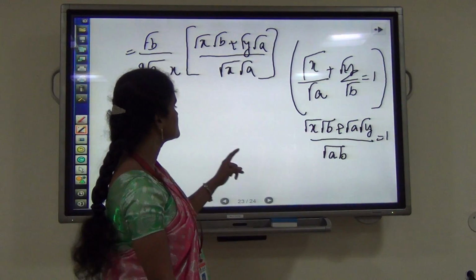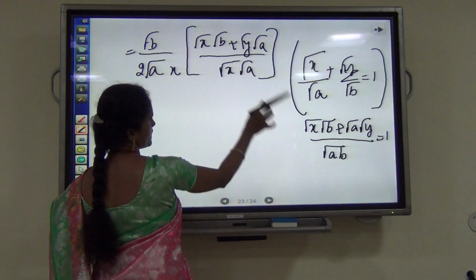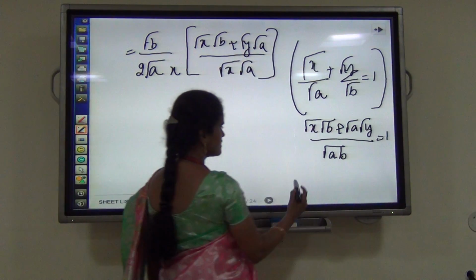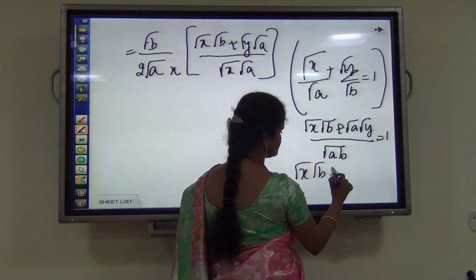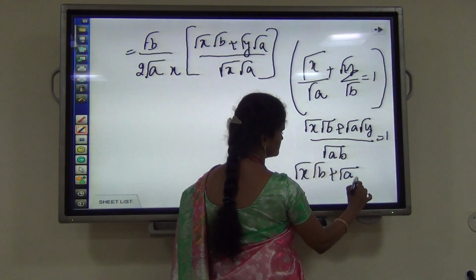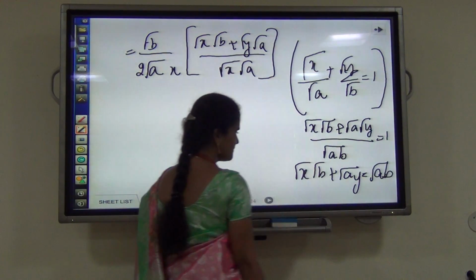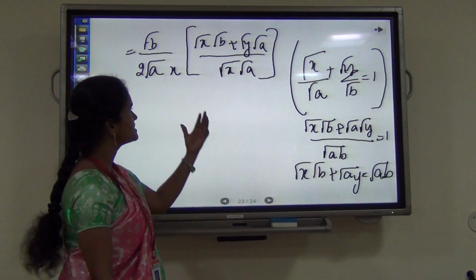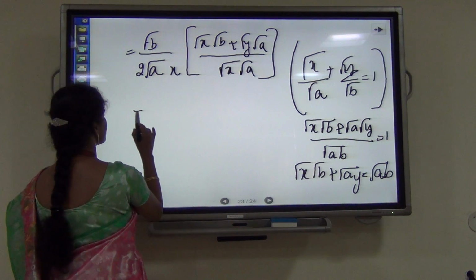As we cross multiply, you can take this root x root b plus root y root a in the form of root ab. You can replace the numerator part with root of ab. So that is what I am going to do here.